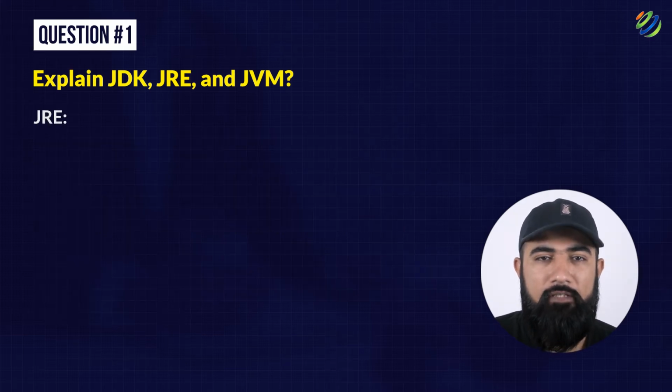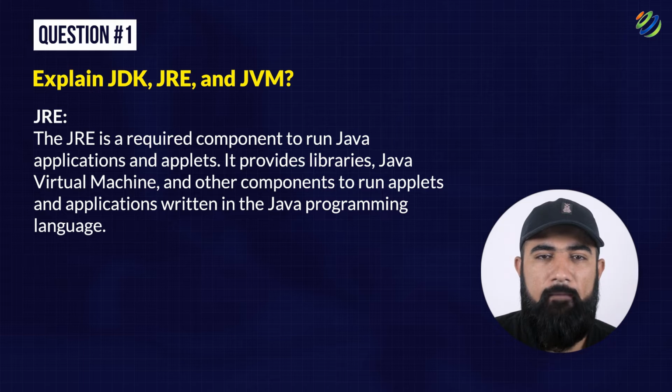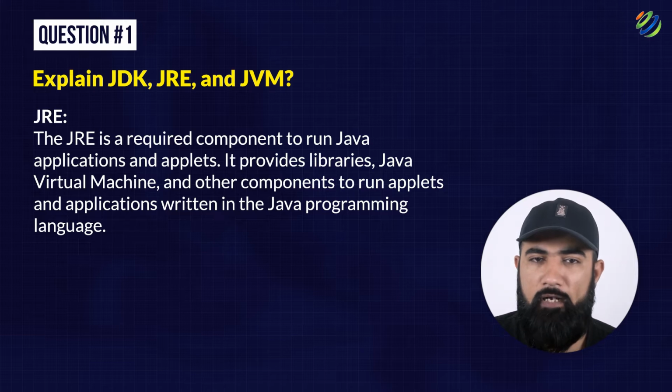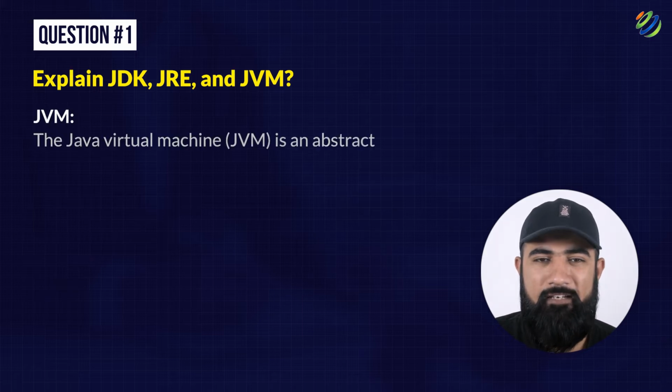Now let's talk about JRE. The JRE is a required component to run Java applications and applets. It provides libraries, the Java virtual machine, and other components to run applets and applications that are written in the Java programming language. Now let's talk about JVM.